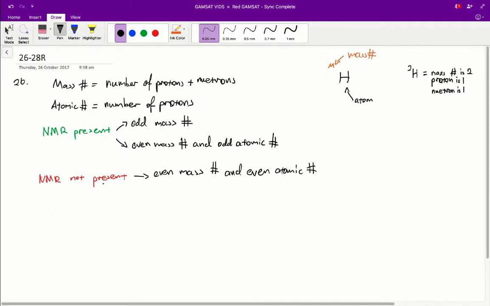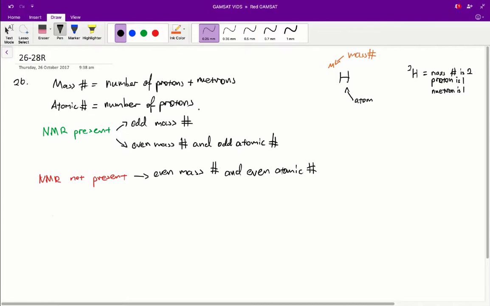If NMR is not present, then we know that the atom must have an even mass number and even atomic number. Alright, so as from before, the mass number is the number of protons and neutrons, and the atomic number is the number of protons.